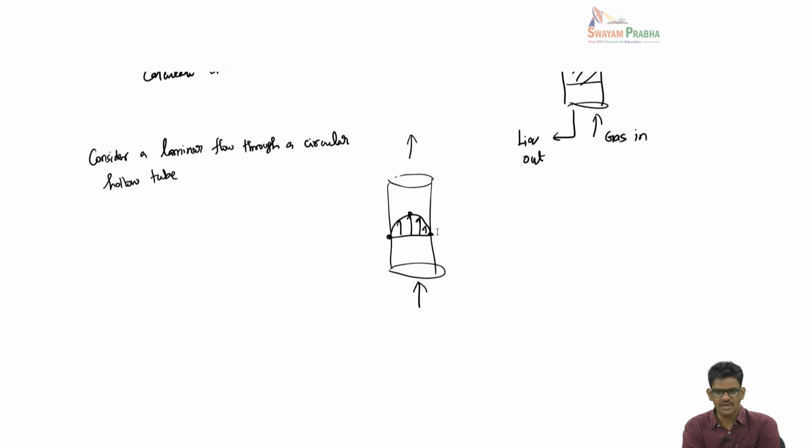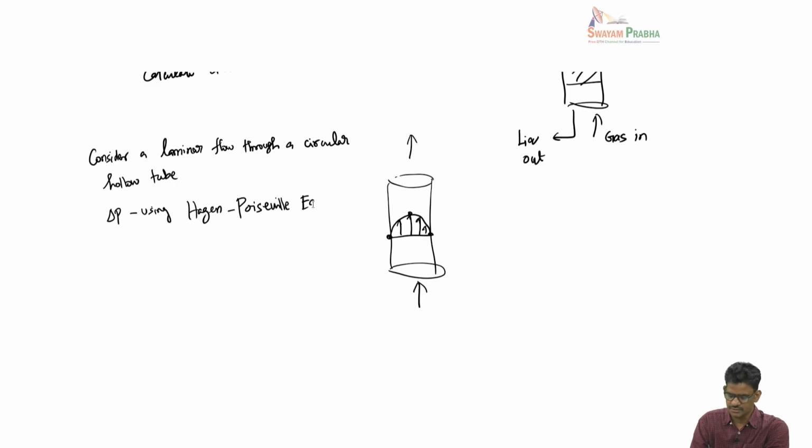So if you have a Newtonian fluid flowing in a laminar condition in a circular pipe, we know how to calculate delta P, the pressure drop, using Hagen-Poiseuille flow or the Hagen-Poiseuille equation. Generally this is pronounced as Hagen-Poiseuille, but the actual pronunciation should be just Poiseuille.